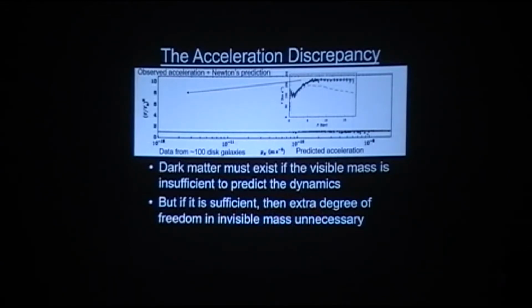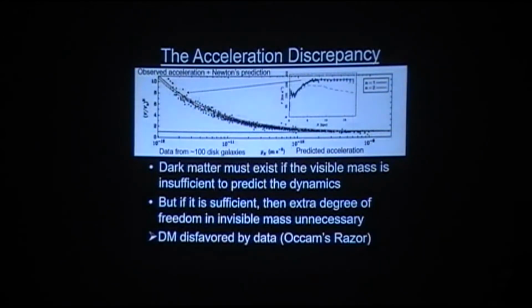The thing is, this is what we actually see: the ratio between observations and predictions follows a very unique correlation. What this means is that you can predict the dynamics from the visible mass, and therefore the data suggests you don't need to add in extra complications like dark matter.